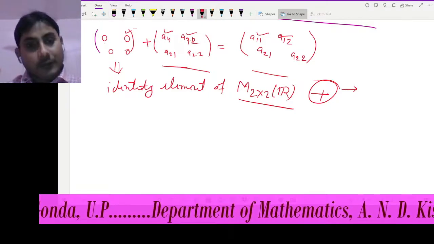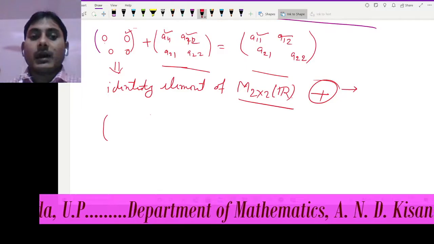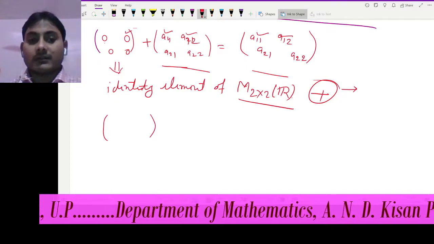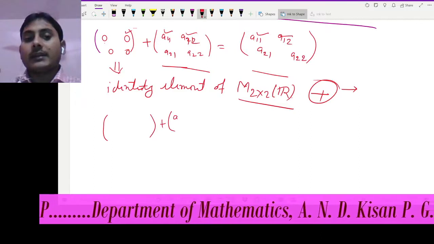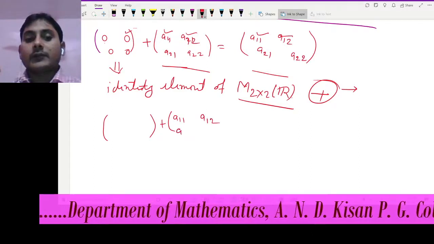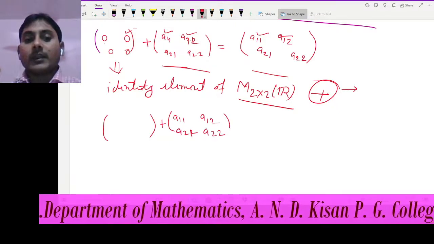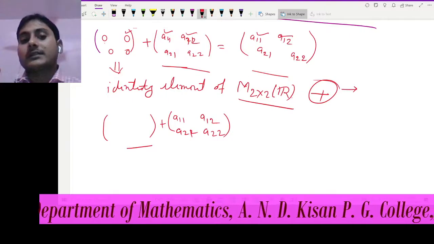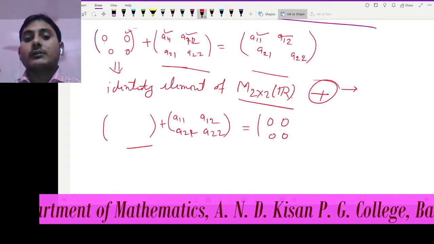So inverses you can also search for. Suppose I'm asking about 2 by 2 matrices such that if you add any matrix A11, A12, A21, A22 to it, you will get 0, 0, 0, 0.